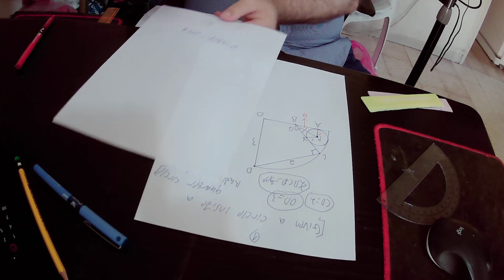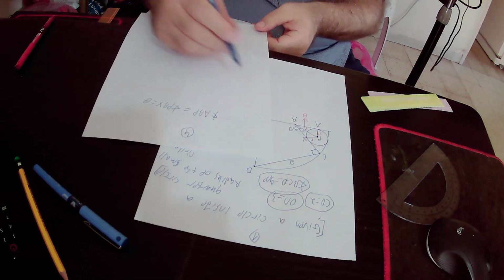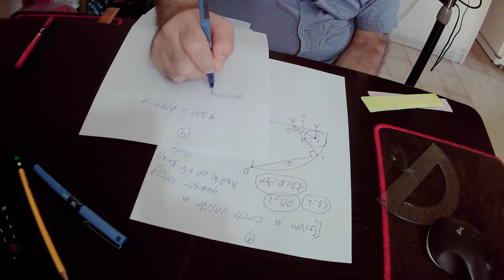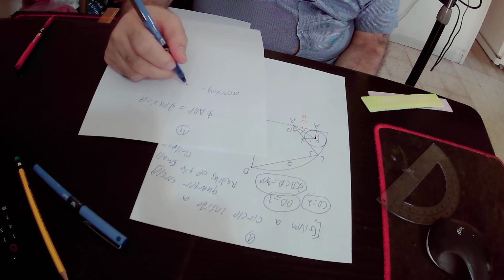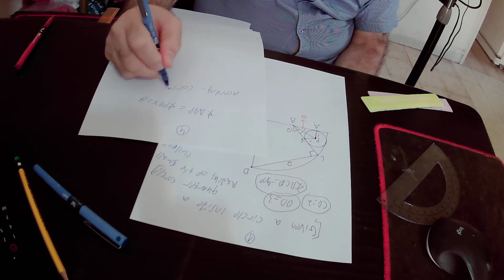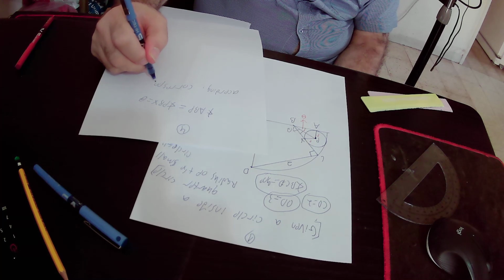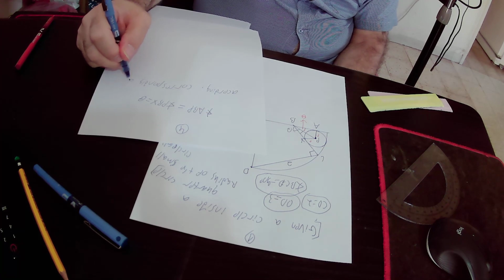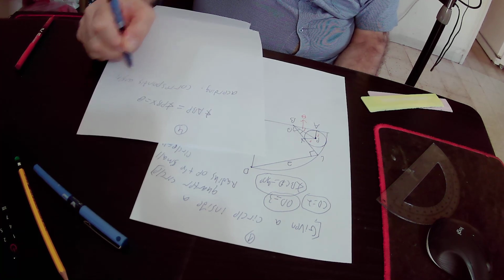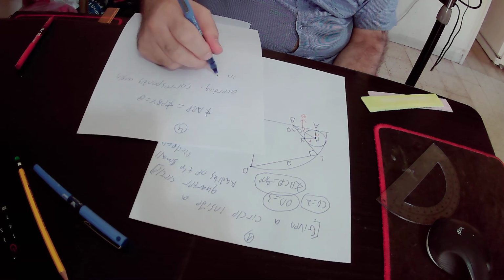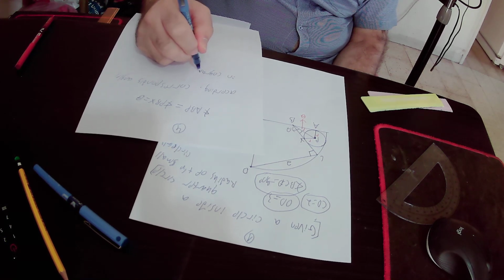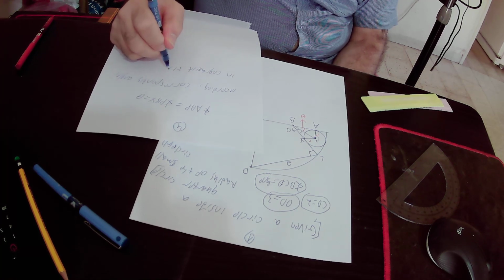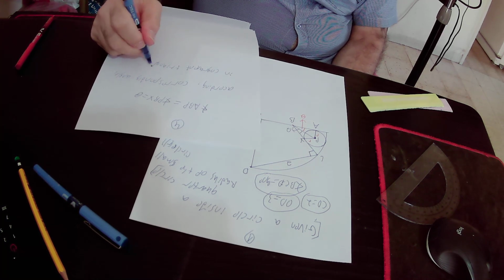Both those two angles are equal to theta according to the rule that corresponding angles in congruent triangles are equal to each other.